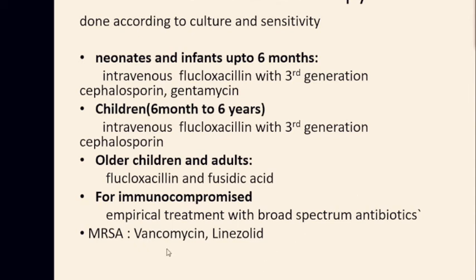The other option is vancomycin, which is reserved for methicillin-resistant Staph aureus. So if you isolate the bug as methicillin-resistant Staph aureus after culture and sensitivity, then we switch to vancomycin. But some patients have an allergic reaction to vancomycin, and in that case we switch to linezolid.